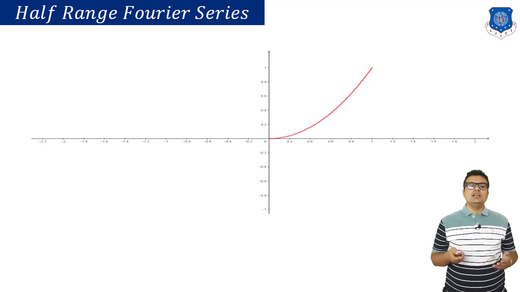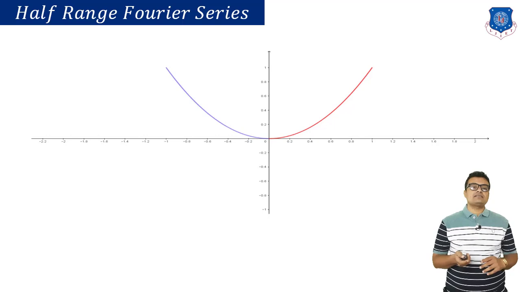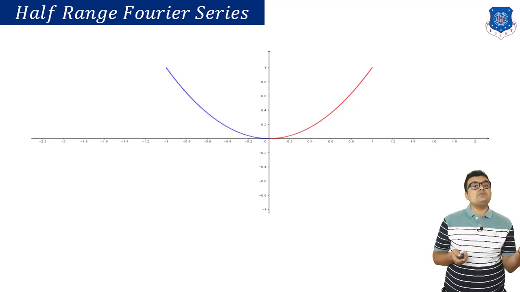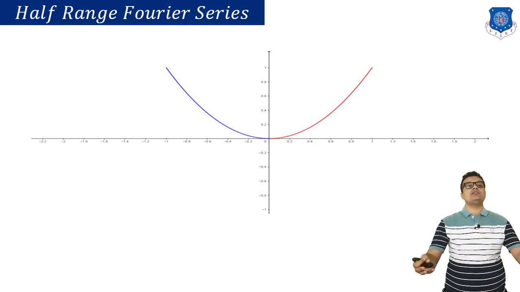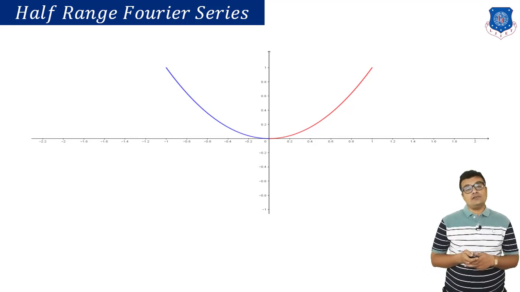How is it possible? Let us consider a graph of parabola x square in 0 to 1. So 0 to c is given. Now the first possibility is how I can extend my graph in the range minus 1 to 0 such that the overall graph will look like an even function.